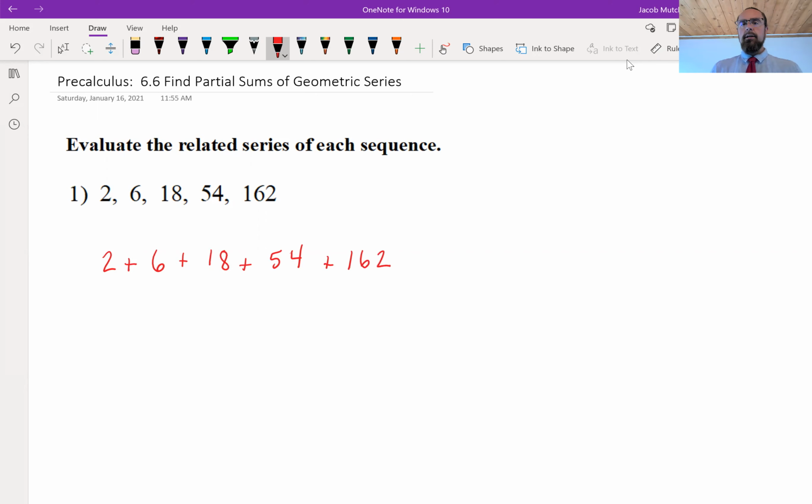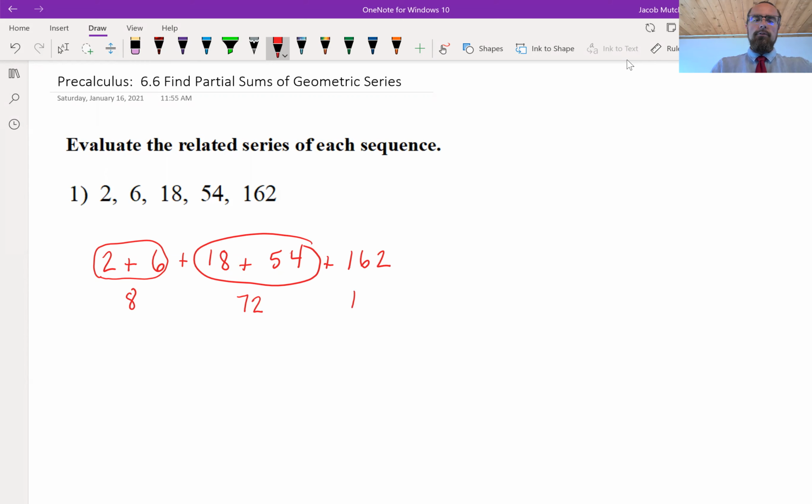So like we do with arithmetic series, with this geometric series, I can just add up those values. That would be really what I would do to evaluate the series. So we can do so if it's a simple short series like this by just pairing them up. 2 plus 6 is 8. 18 plus 54 is going to give us 72.